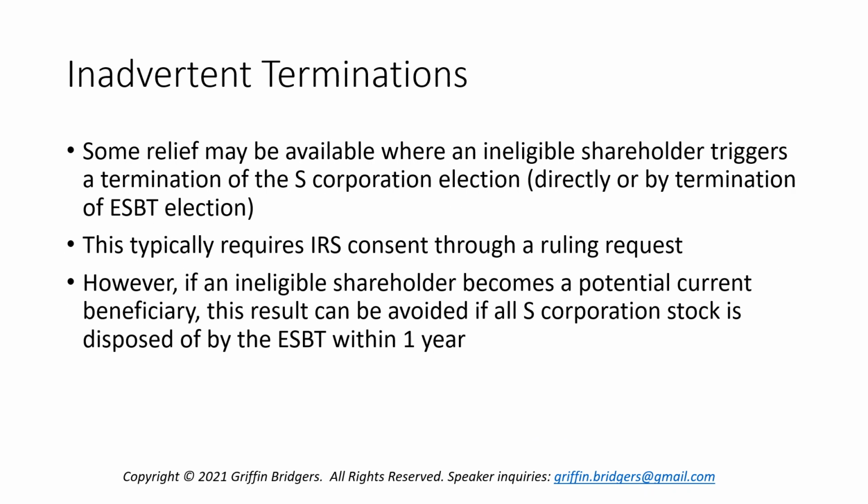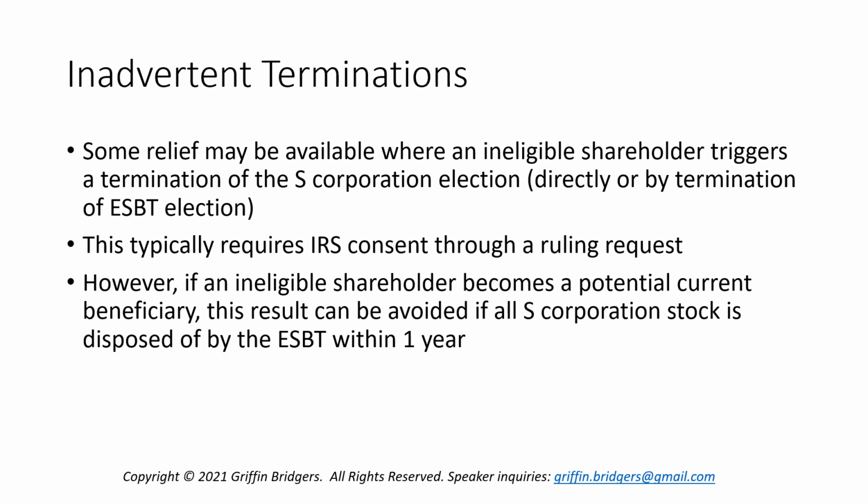Now, the big problem, as I mentioned, is that you're looking not only at qualification of the trust for the ESBT election, but also looking through at the individual trust beneficiaries. And as we've seen, any potential current beneficiary other than a non-resident alien who wouldn't qualify on an individual level as an S corporation shareholder could also terminate the S corporation's election if and when they become a potential current beneficiary.